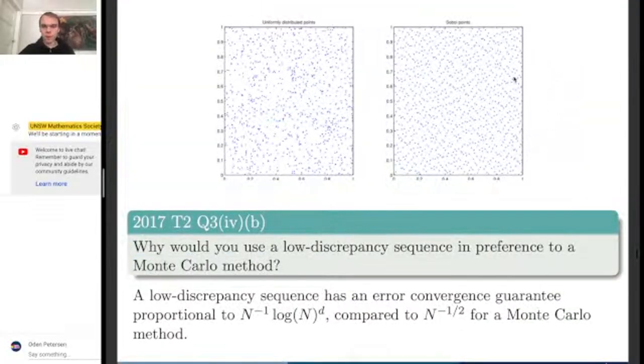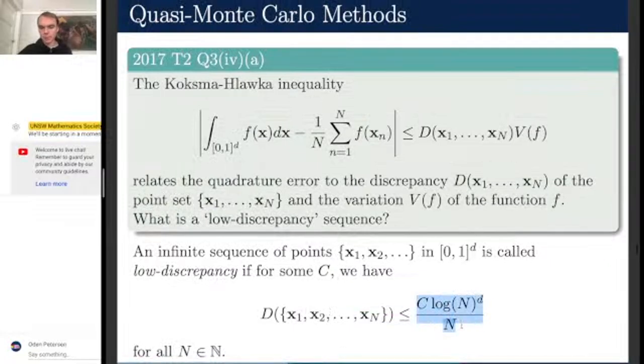If we treat function variation as a constant with respect to the sample size, we've basically shown that the absolute error of the quasi-random quadrature estimate for a low discrepancy sequence is proportional to this expression, (log n)^d divided by n. And that was just this here, by the definition of a low discrepancy sequence.